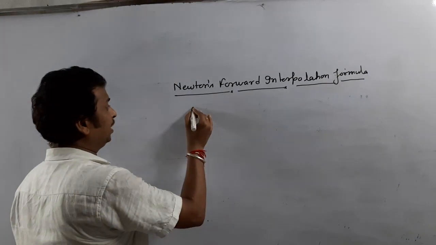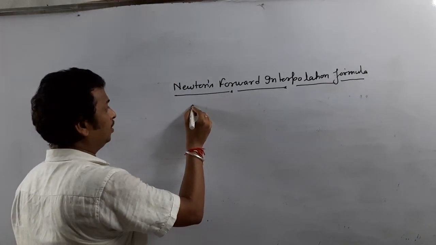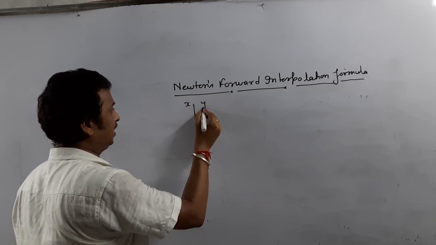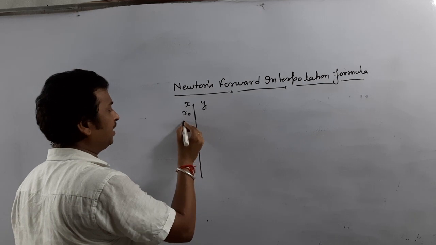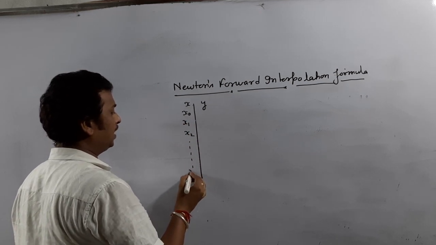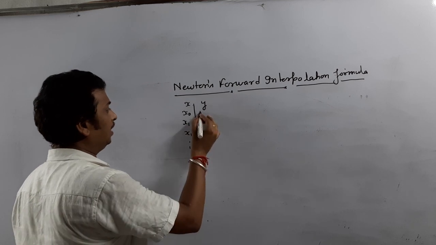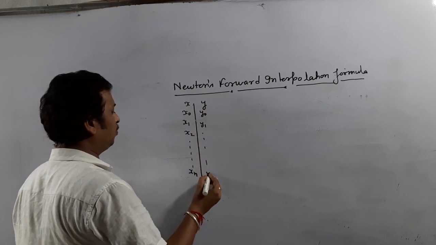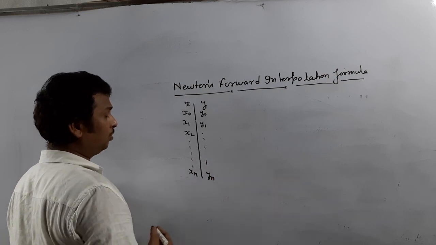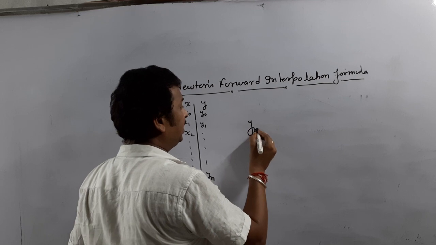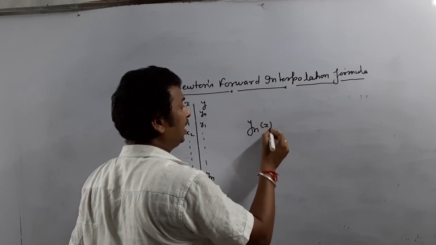Suppose we have a set of values x and y. The x values start from x0, x1, x2 up to xn, and the y values y0, y1 up to yn we know. Then Newton's forward formula calculates the polynomial y of x.